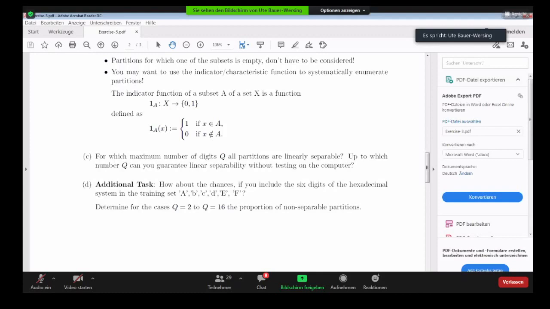So we are in 7-dimensional space. So up to 7 digits, all partitions are linearly separable. So we don't have to test it. It becomes interesting as soon as we include 8, 9, 10, 11, 12, up to 16 digits, right? So we will see non-separable constellations in there.